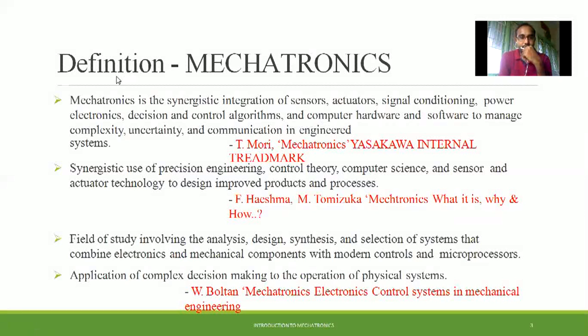Here it clearly specifies that mechatronics is a synergistic combination of sensors, actuators, signal conditioning. These are the components related to the electric conditioning and monitoring devices, and the decision and controlling algorithms, programming and all will be related to the computer science or IT department.